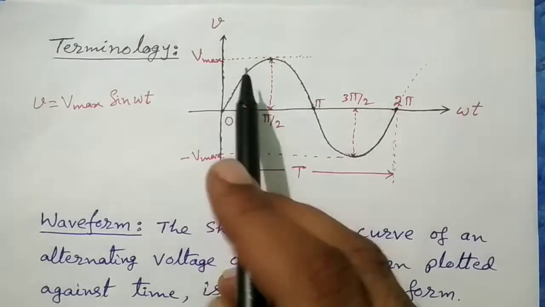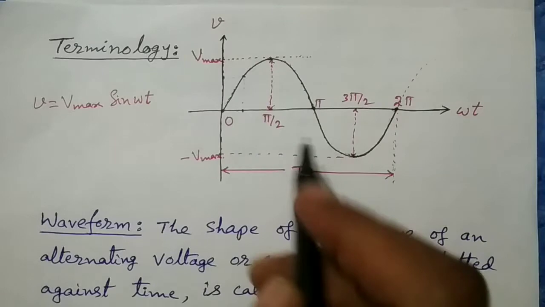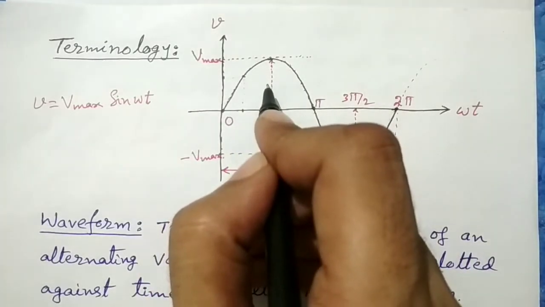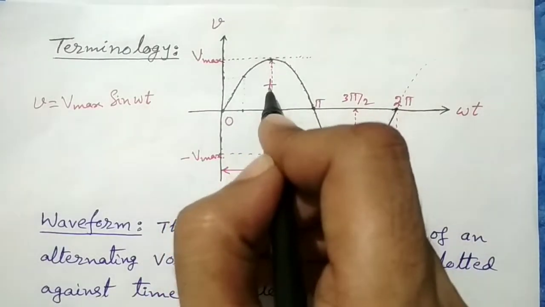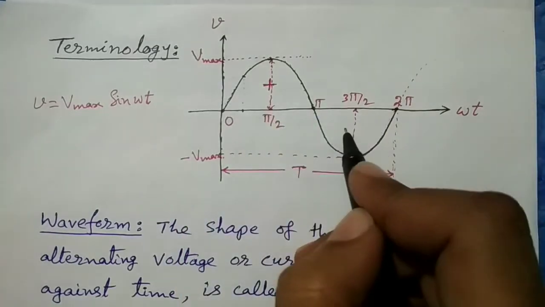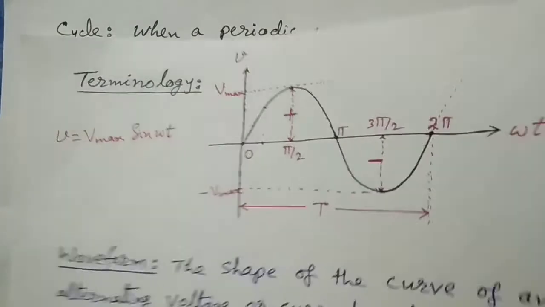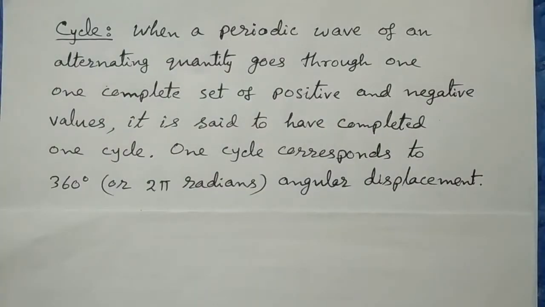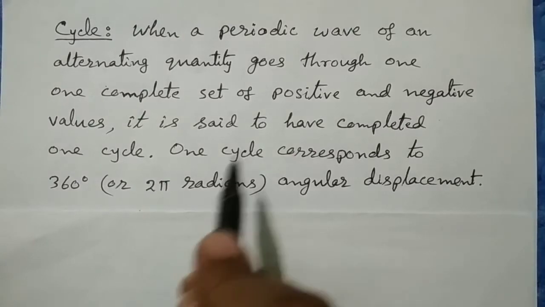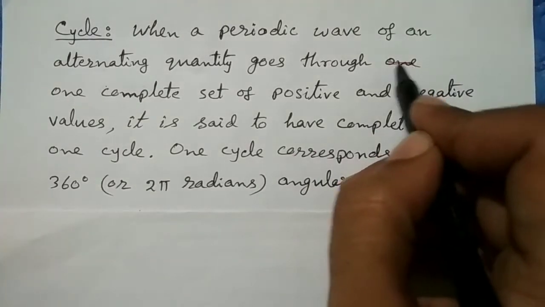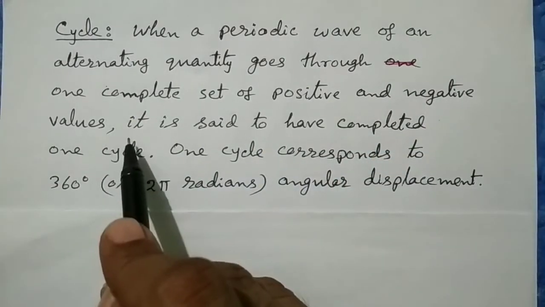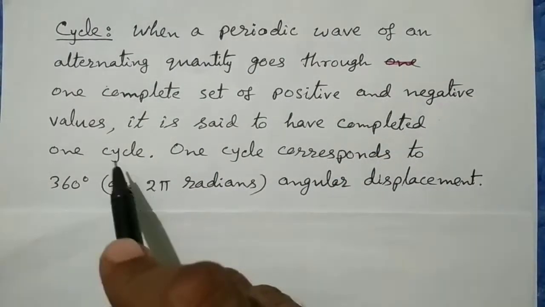And this is called one complete cycle, where one complete cycle consists of one positive part and one negative part. So if we see the definition, when a periodic wave of an alternating quantity goes through one complete set of positive and negative values, it is said to have completed one cycle.